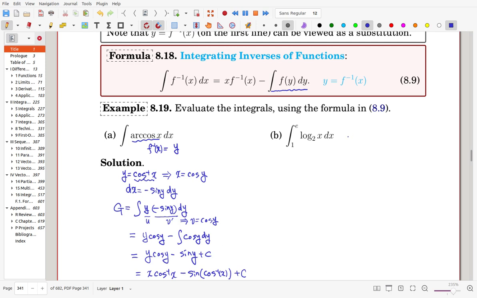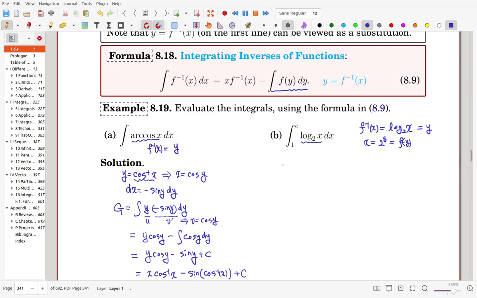Okay. Here we consider this one as f inverse of x. That is, f inverse of x is now log base 2 of x. If we write that this is y, then x will be the same as 2 to the y, which is f of y, right?